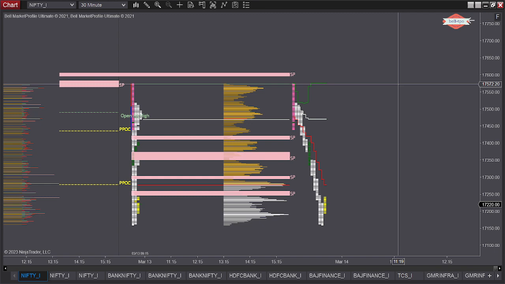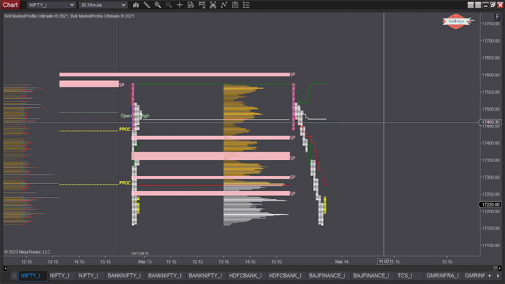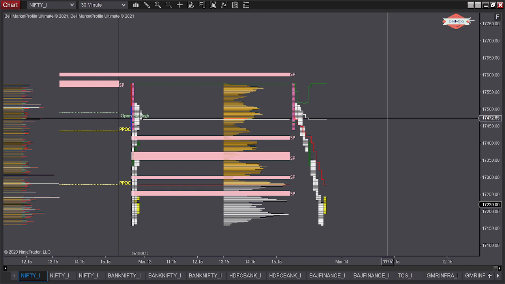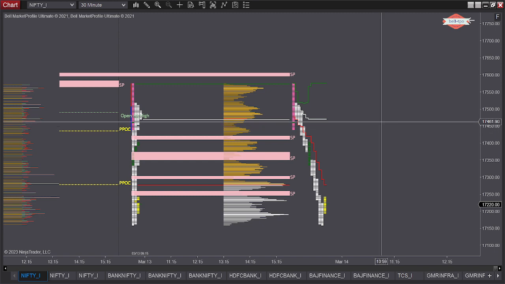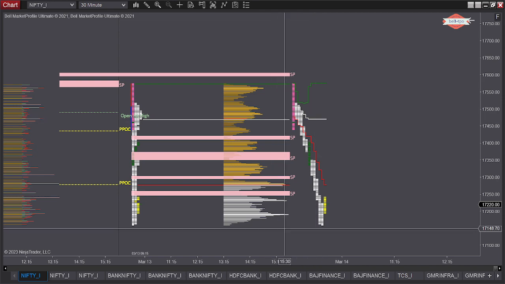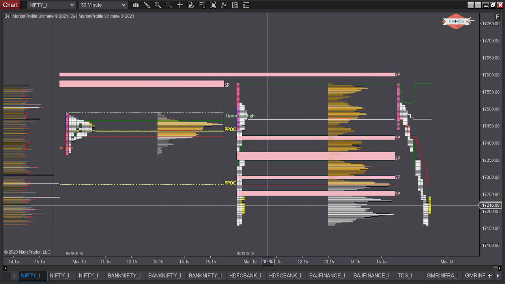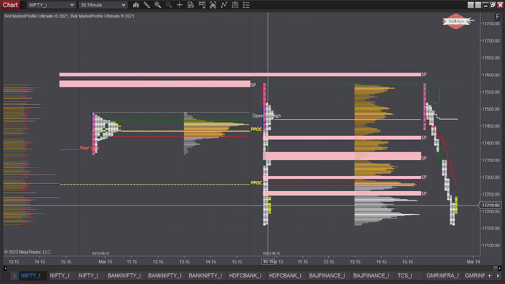So this is an important level. And what is POC? POC is the area where the maximum number of letters have crossed. For example, if you see four letters cross here, the POC is here. In earlier days the POC can be different.